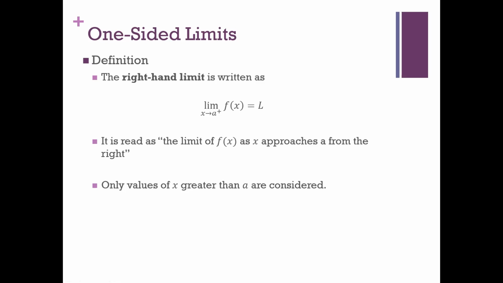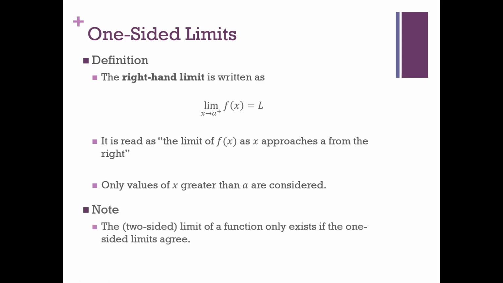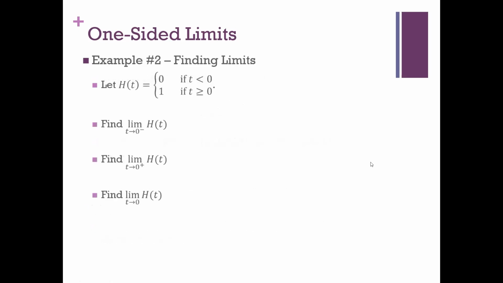Okay, so now that we've talked about one-sided limits a little bit, one more thing here, and somebody already mentioned this. The two-sided limit of a function only exists if the one-sided limits agree.